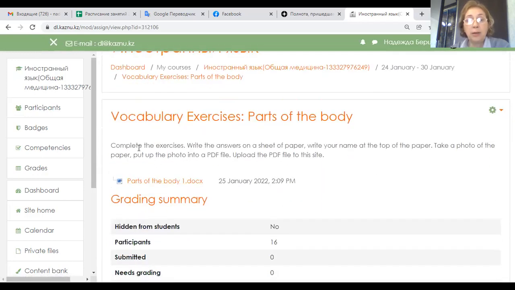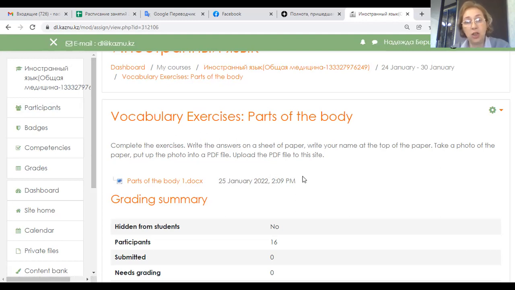So you should complete the exercises, write the answers on a sheet of paper, write your name at the top of the paper, take a photo of the paper, put the photo into a PDF file, and then upload the PDF file to the site. So it means that you should do this in handwriting, you shouldn't type it.